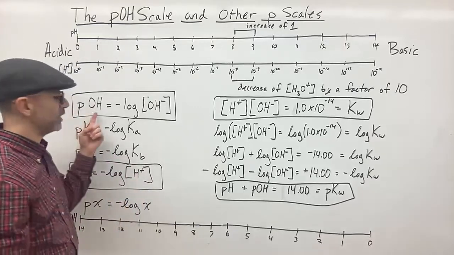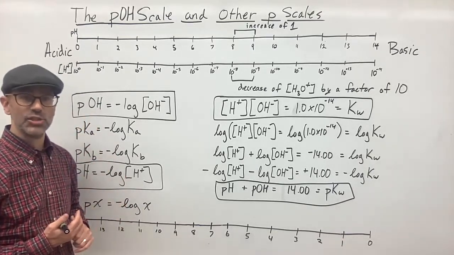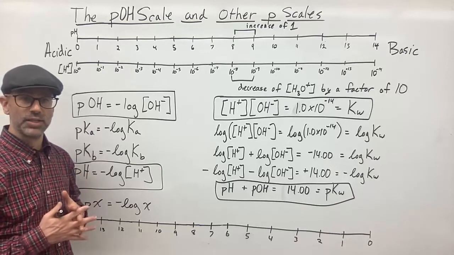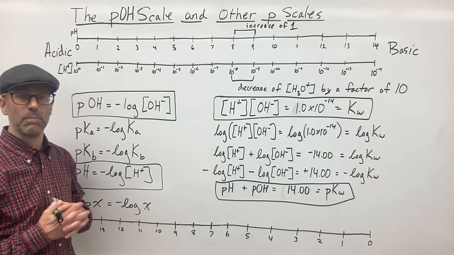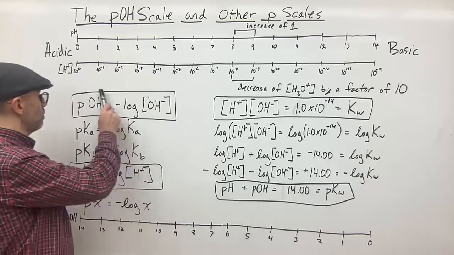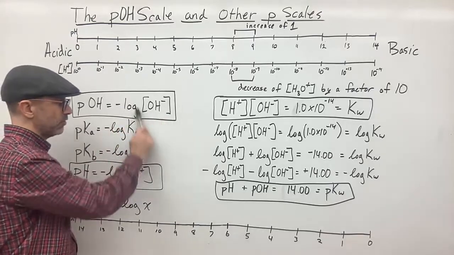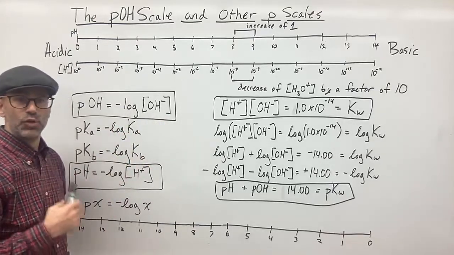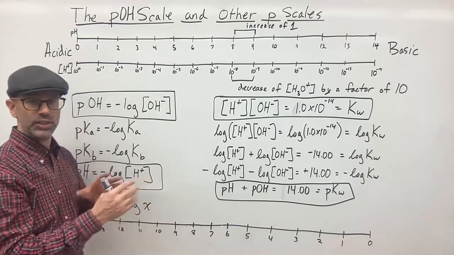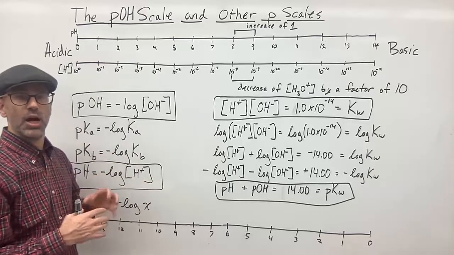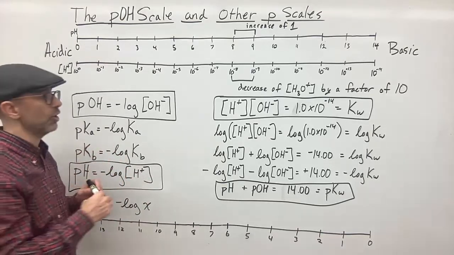So the pOH, as you can remember, is pretty much the same as pH, except instead of the H plus concentration, you're taking the negative log of the OH minus concentration. So pOH is equal to the negative log of the OH minus concentration. If you remember from before, the H plus concentration and the OH minus concentration are inversely related to each other, and they're related to the Kw.